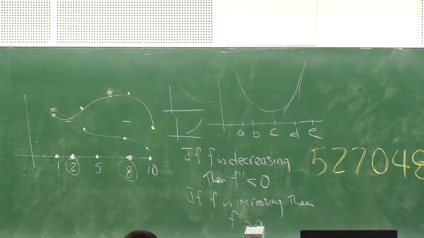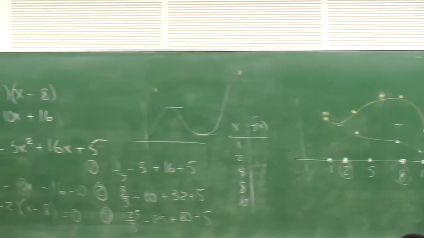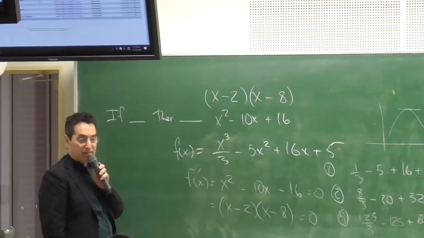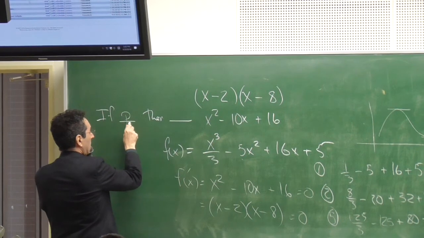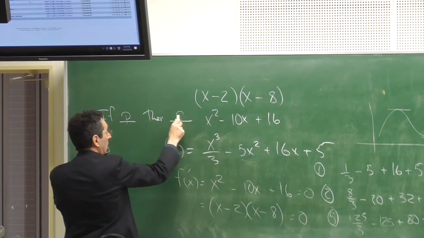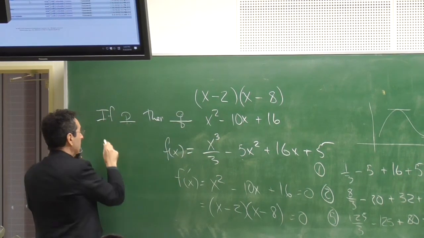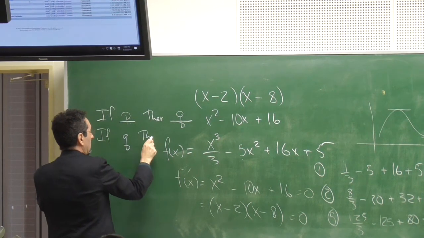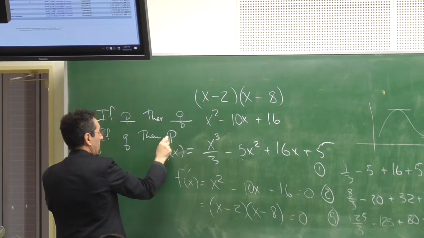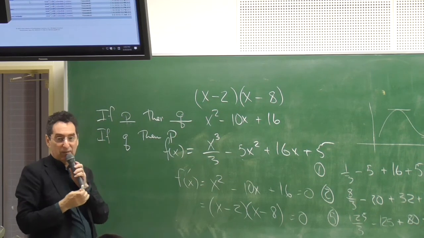Now, you should know in logic that when I write if blank, then blank, let's call the first blank P and the second blank Q. That's not the same as if Q, then P. Those are not the same statements.